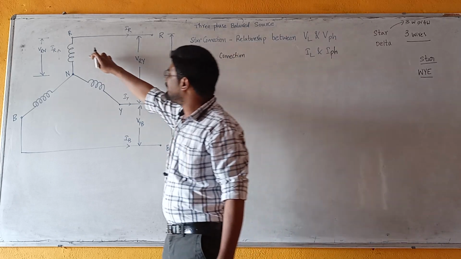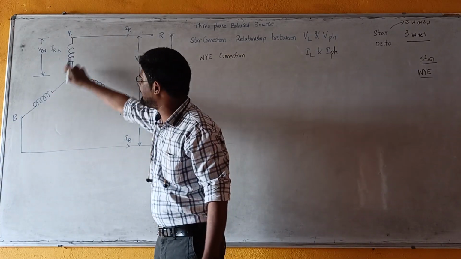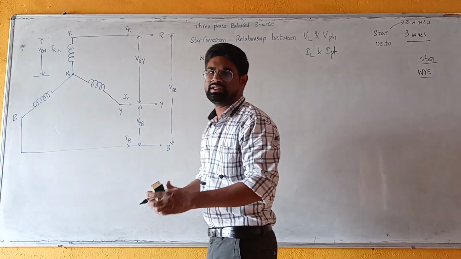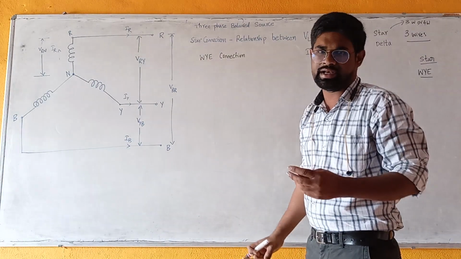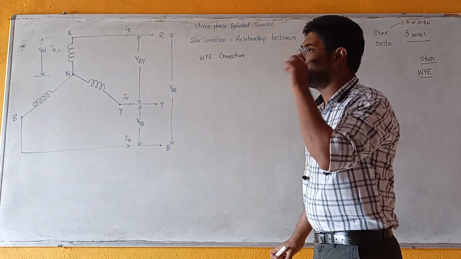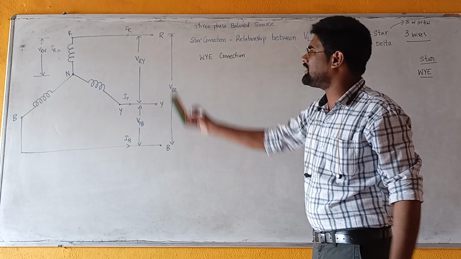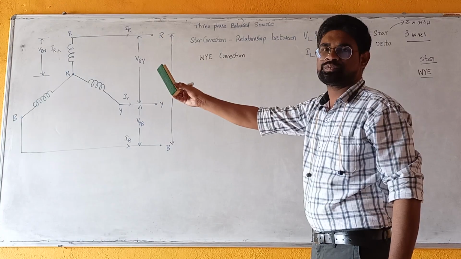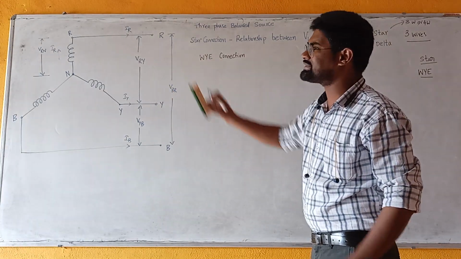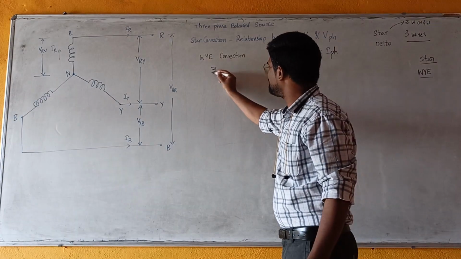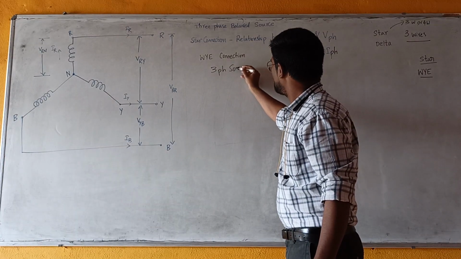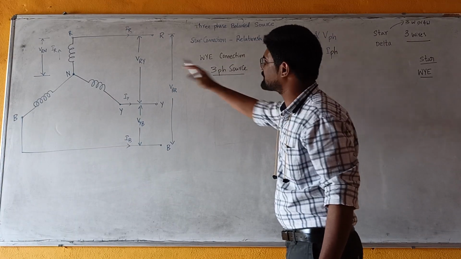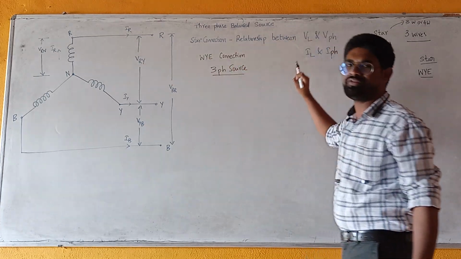These three windings are the three windings of a three-phase alternator, representing a three-phase source, and from this source we get the three-phase supply.